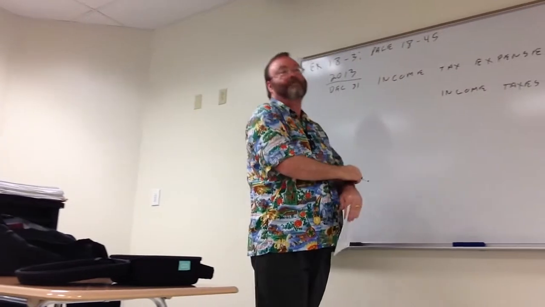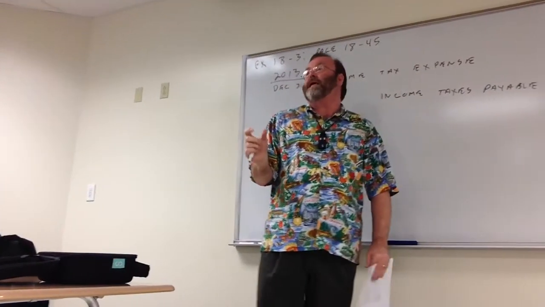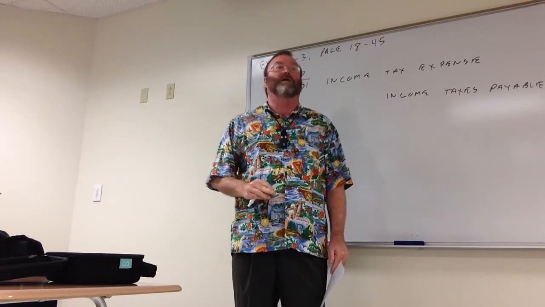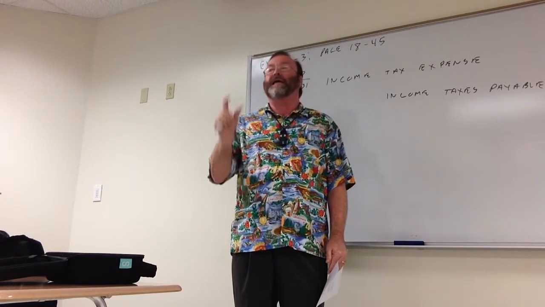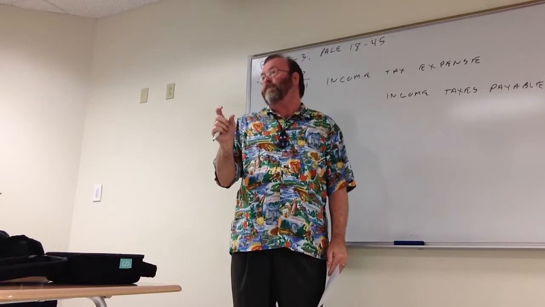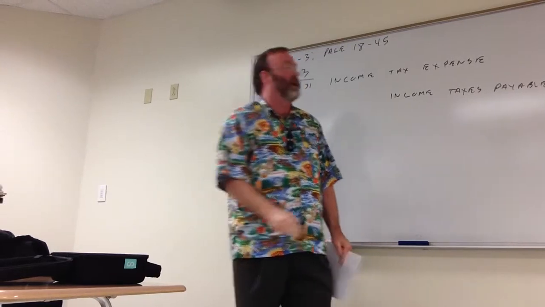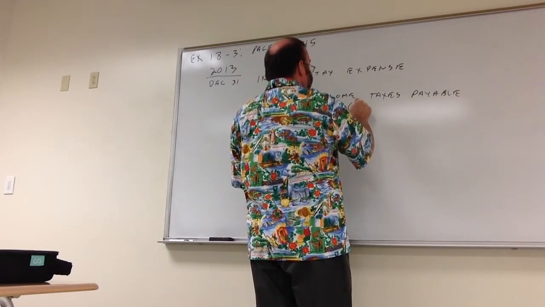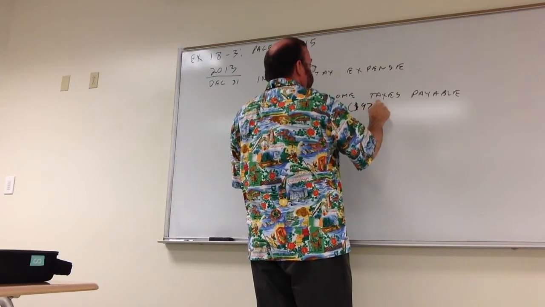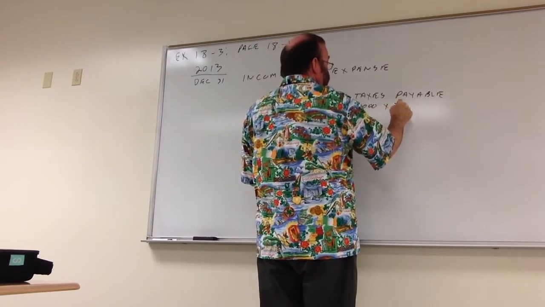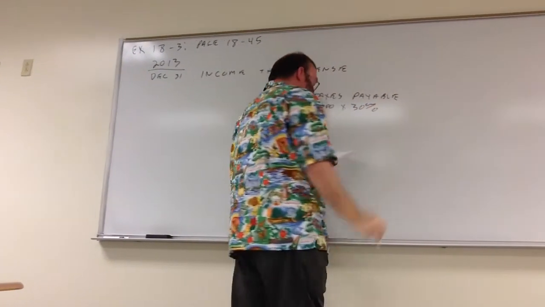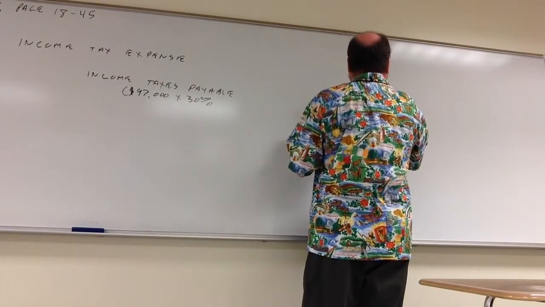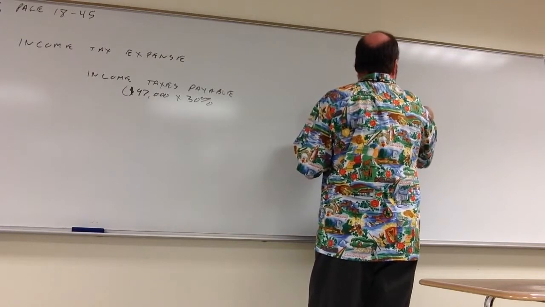So income taxes payable is always going to be taxable income, which the problem in this particular set of data gave us, times the tax rate. So in this case, we have $97,000 times the 30% tax rate. So that's income taxes payable of $29,100.